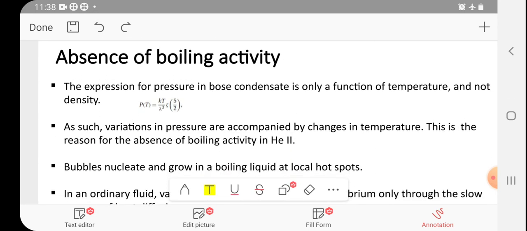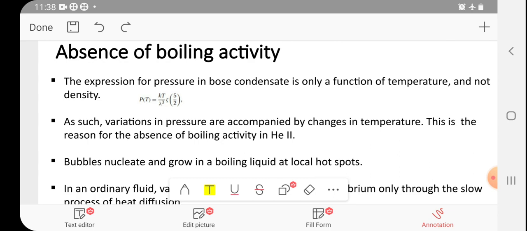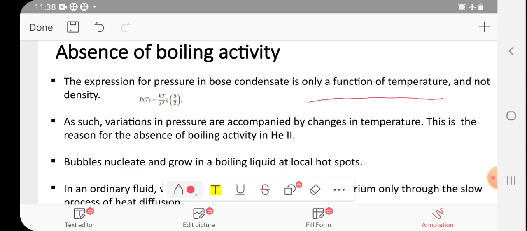Now, another unusual behavior of helium 2 is the absence of boiling activity. We have heard in the lecture regarding the Bose-Einstein condensation that the expression for pressure in a Bose condensate is only a function of temperature and not the density.